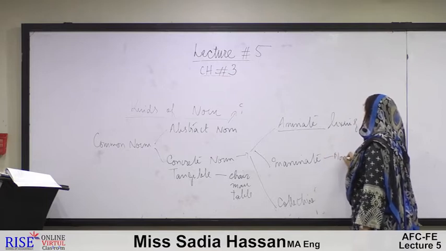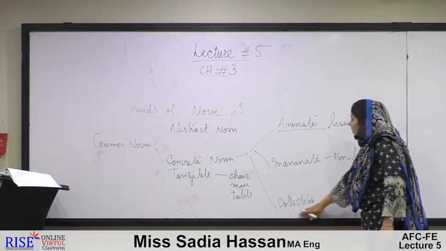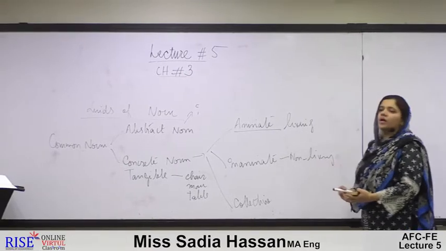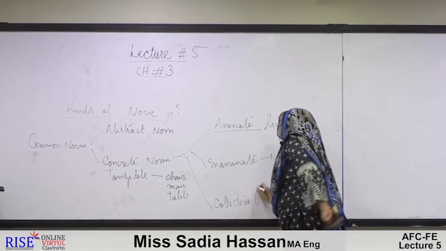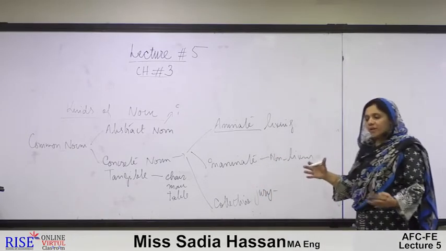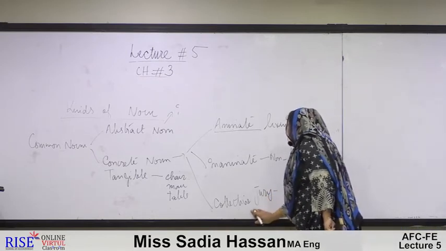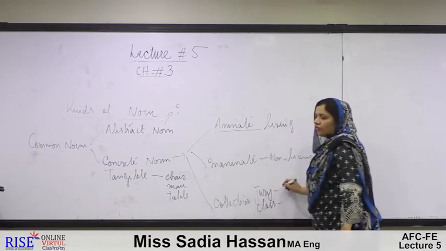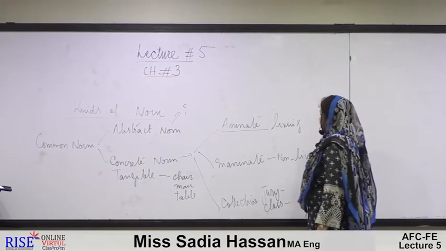Inanimate means non-living. And collective means a name which is given collectively to a group of nouns; that is called a collective noun. For example, jury. Jury is a collective name given to different members of judges. For example, class. Class is a collective noun for different persons or different students. They are examples of collective nouns.